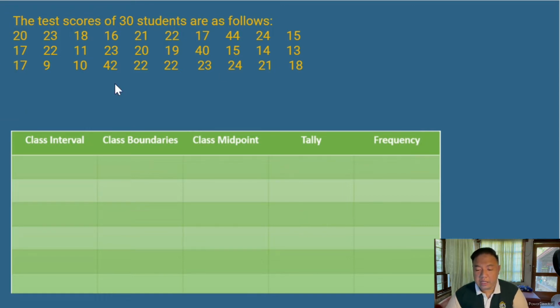So, your n is 30. From the Sturges formula to determine the number of classes, we'll have 1 plus the logarithm of 30 over the logarithm of 2.